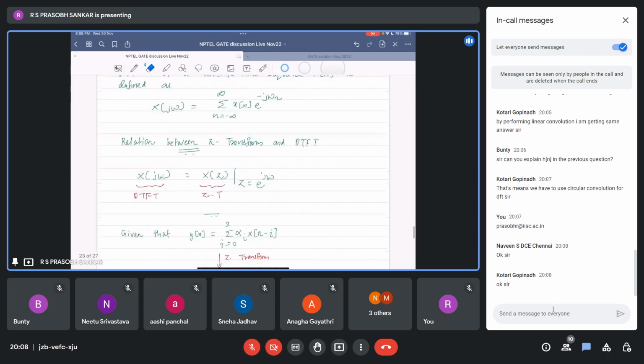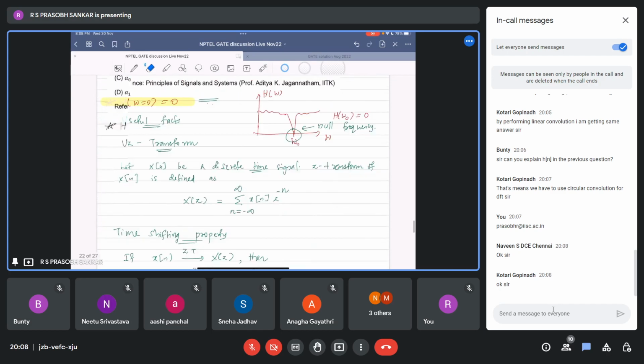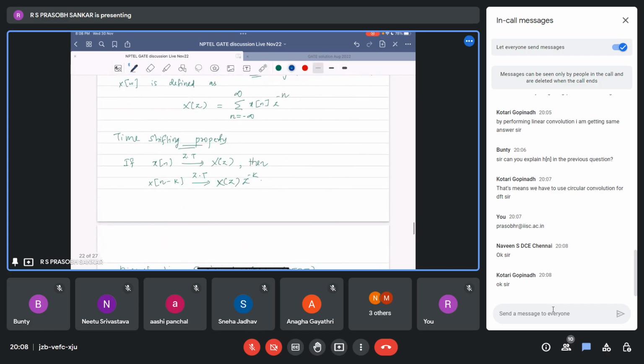Okay, so it is given that we have a system like this. y of n equals summation over i from 0 to 3 of alpha i x of n minus i. This is the same as writing summation over i of h of i x of n minus i, if my h of n is given like this.